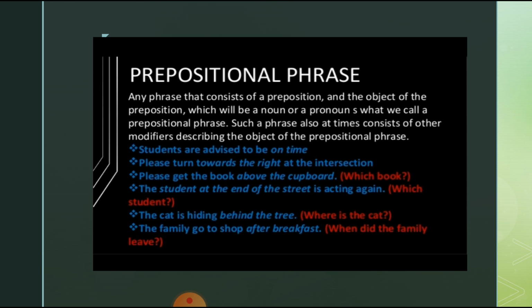See, a prepositional phrase consists of a preposition and the object related to the preposition, which can be a noun or a pronoun also. See, such types of phrases at times also consist of other modifiers describing the objects of the prepositional phrase.